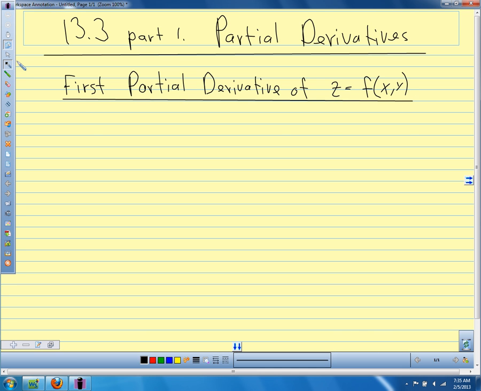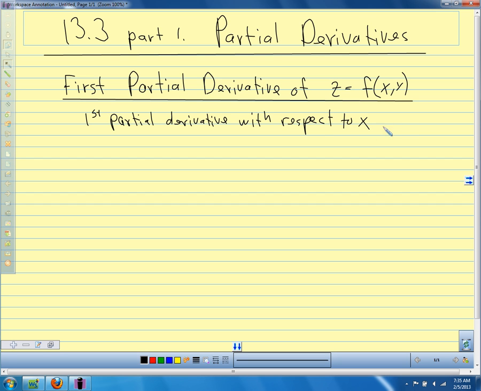There are several ways that we write this. We're going to say that the first partial derivative with respect to x is written as f sub x.